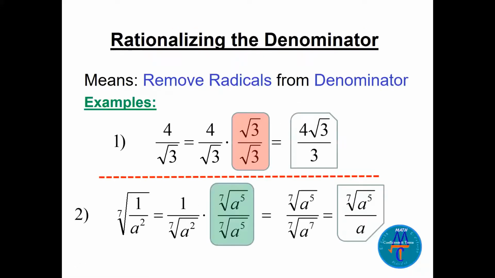All right. Now, rationalizing. This is one important word in math, rationalizing. Please try to know the meaning. Rationalize is the verb. Rationalize means remove the radicals from the denominator.